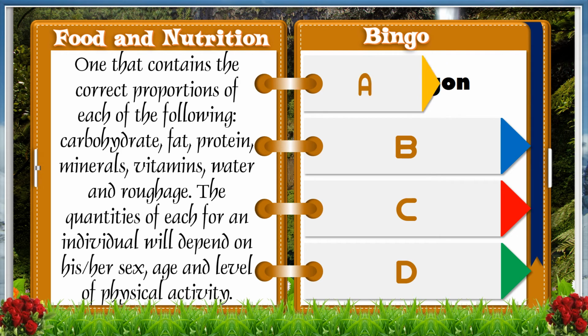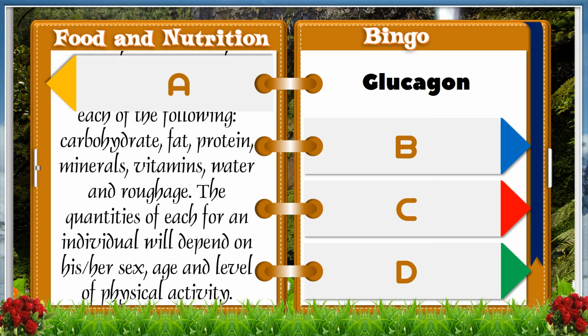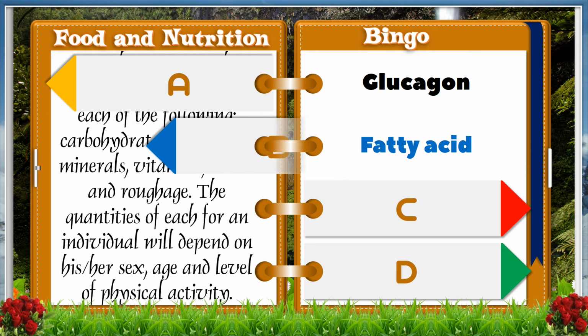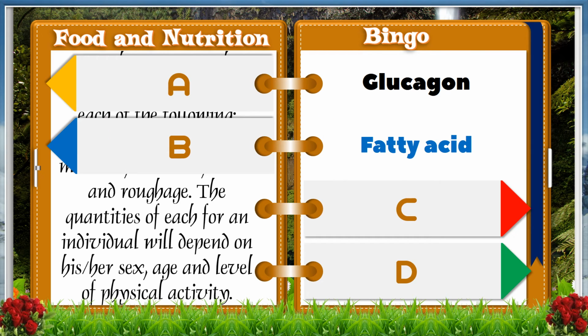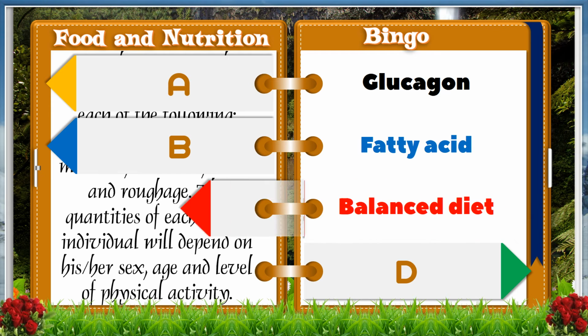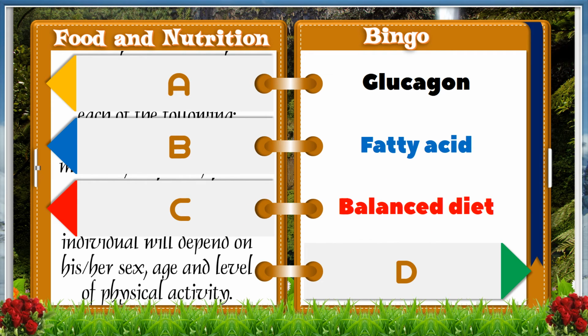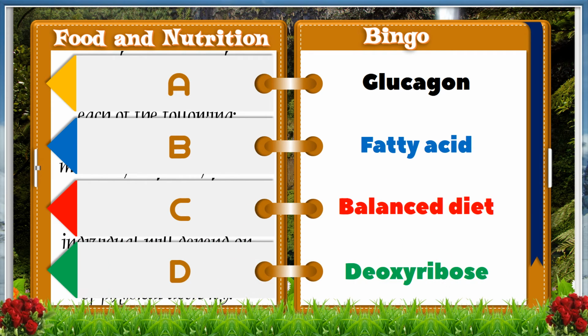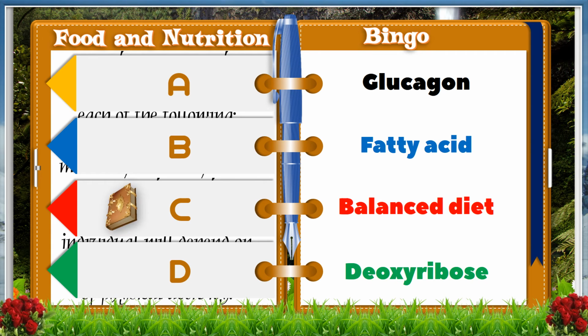Option A, glucagon. Option B, fatty acids. Option C, balanced diet. Option D, deoxyribose. And the answer is C, balanced diet.